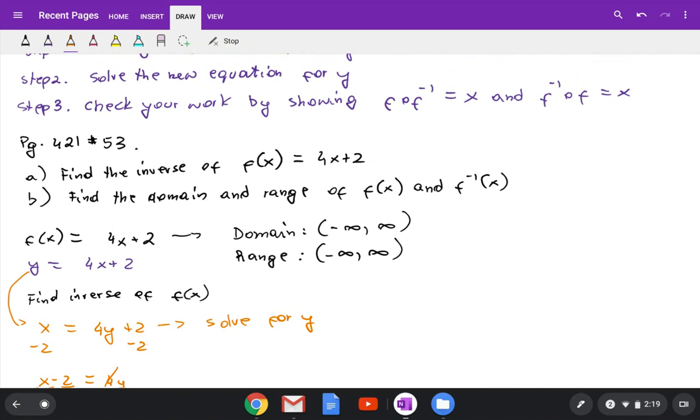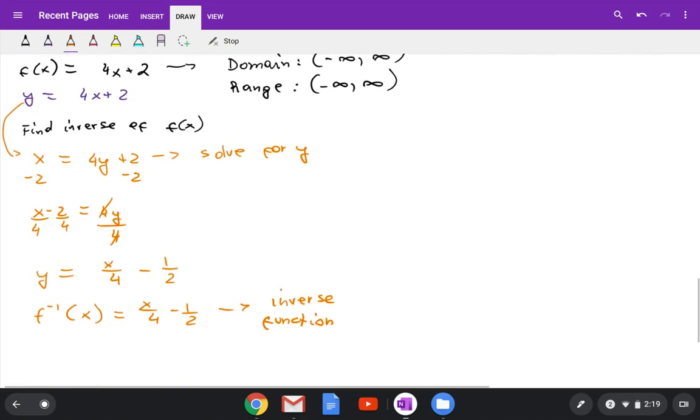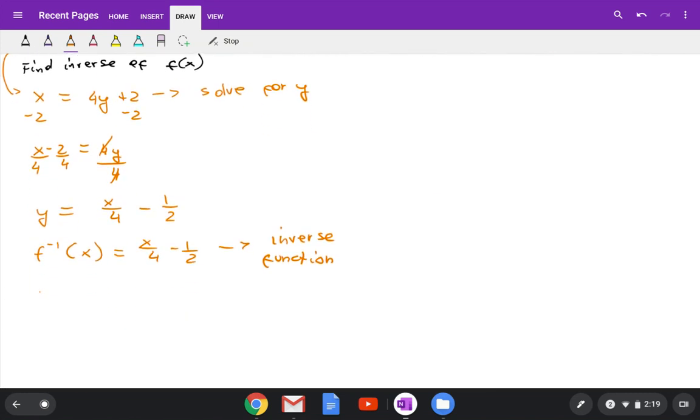And step 3 will be check your work by showing that the original function composed with the inverse is equal to x, and the inverse composed with the original will give you x. So I will just quickly check the work. Check if f composed with inverse equals x, and inverse composed with original also gives you x.